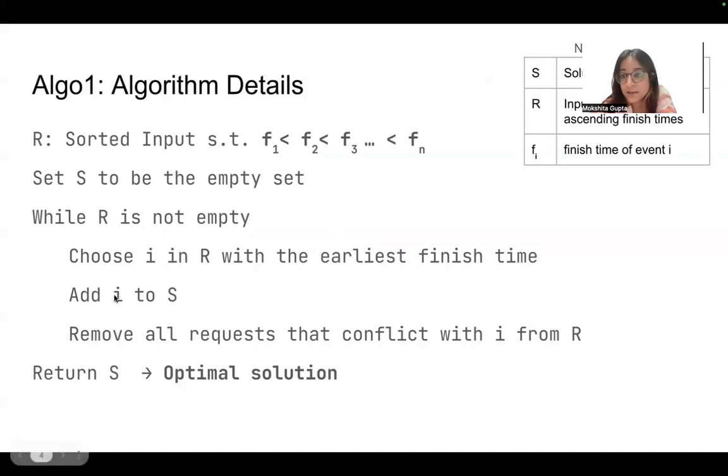We will add this chosen event into our returning set, and we will remove all events that conflict with the one that we just chose from the list, and we will keep doing this until we have exhausted all the events that we could pick and choose from. And ultimately, if you follow this algorithm, the set that you build up is going to be your optimal solution.